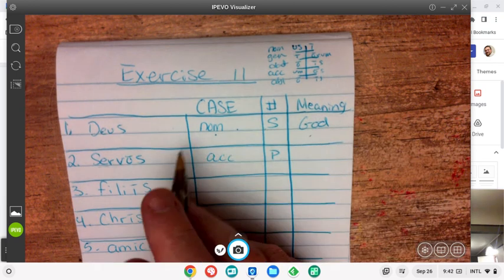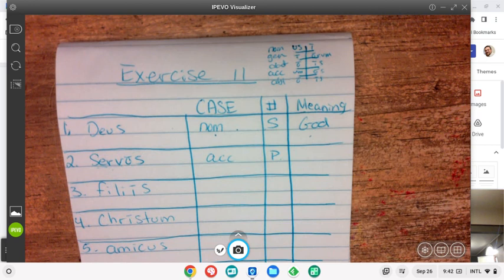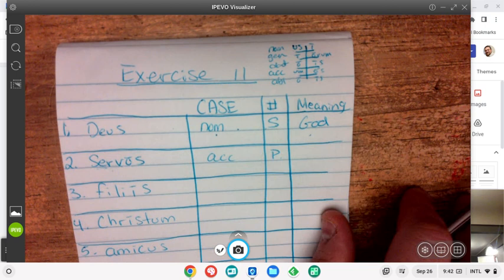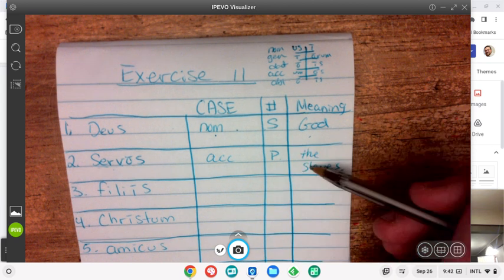So not when the slaves are the subject of the sentence, like we wouldn't use the word servos to say the slaves are happy, right? We would use servos to say he has slaves or he sees the slaves. Anytime you're verbing the slaves, that's what this is for. And so we don't use another word with the accusative either, the nominative or the accusative.